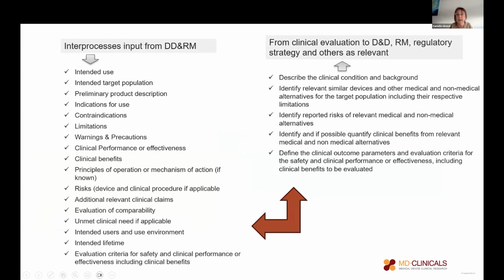Not everything will be ready at once to give to clinical evaluation, and clinical evaluation may not find everything either, because they will do some searches in the literature or in available knowledge sources, and they may come up with some things that prompt new questions from design and development or risk management and so on. It's important to look at that as an ongoing process of collaboration. So open the doors and the windows and stop working in silos.